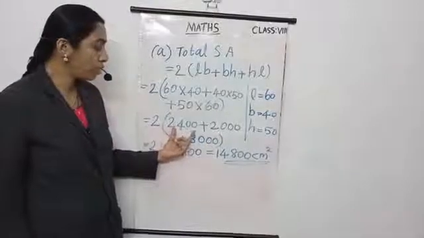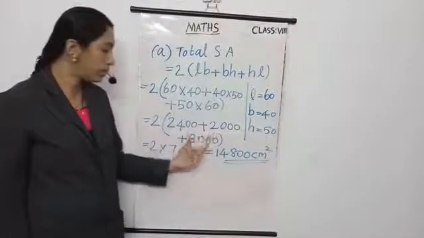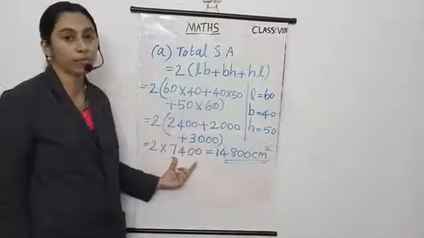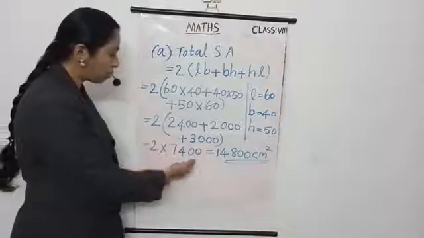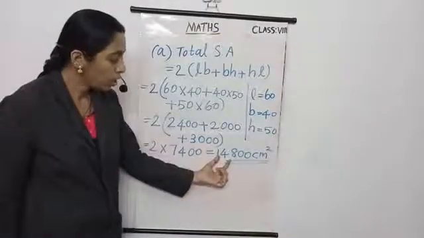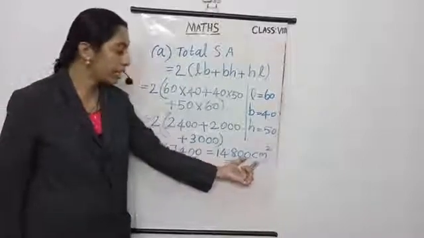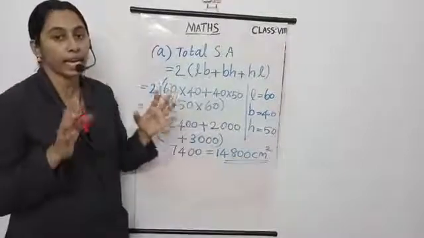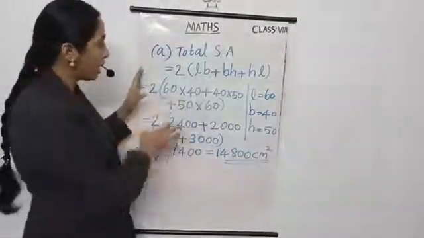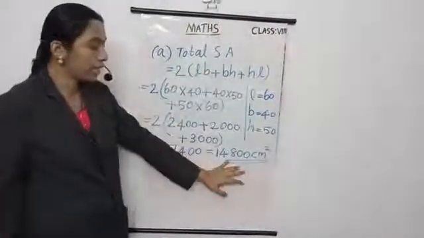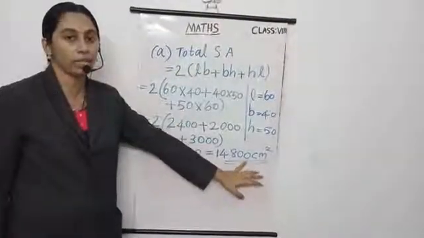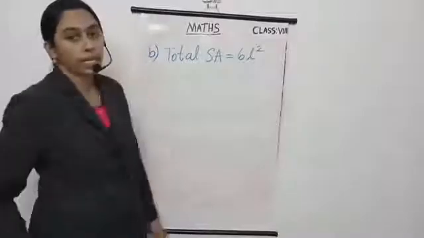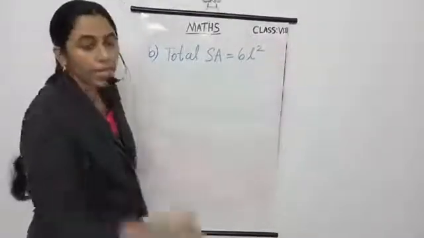Now add 2400 plus 2000 plus 3000, we get 7400. Then 2 into 7400 we get 14,800 centimeter square. So figure A has a total surface area of 14,800 centimeter square.